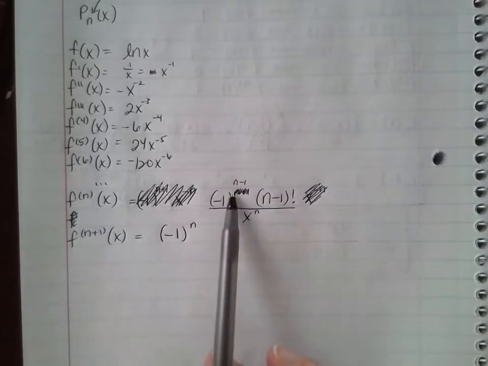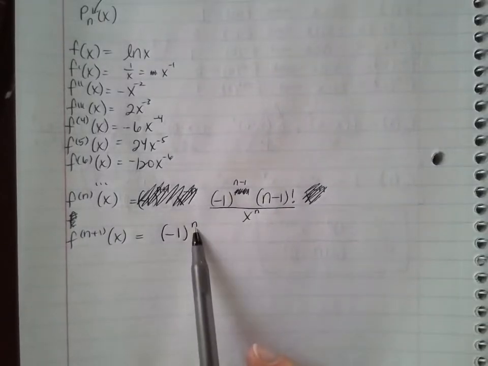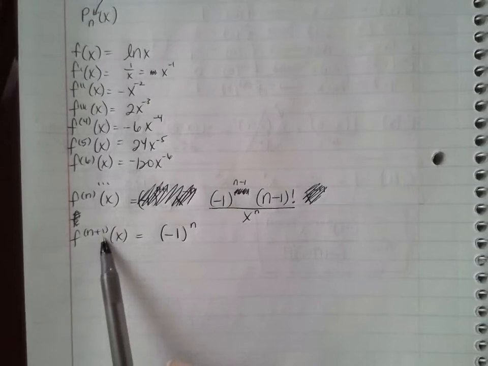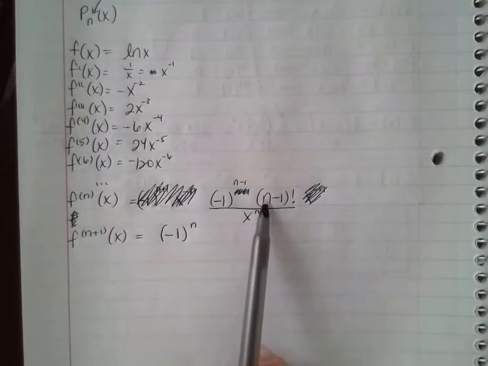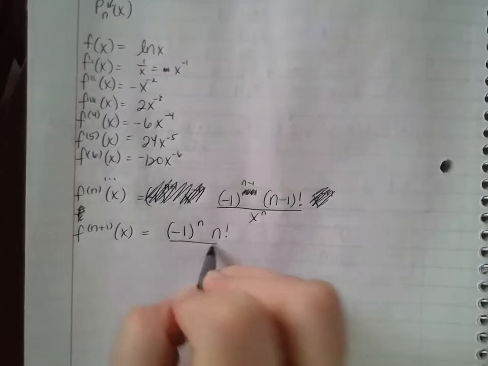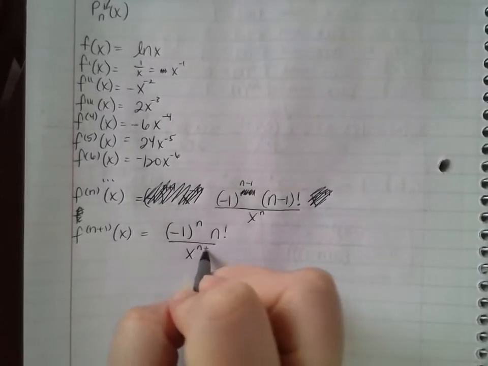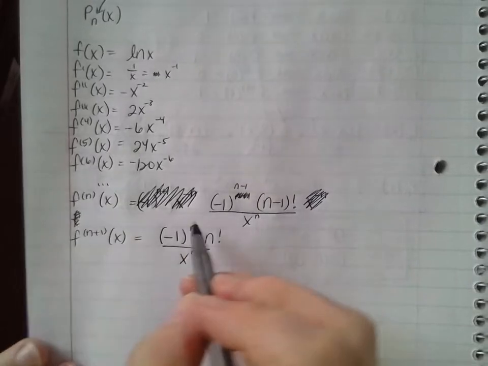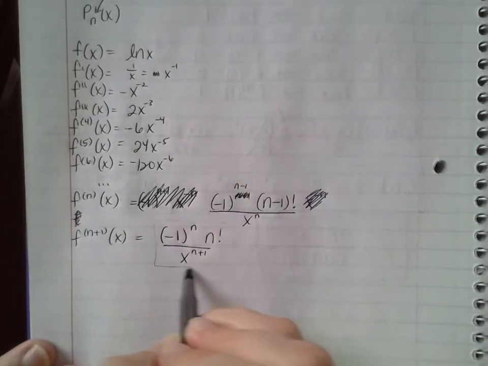In other words, if this is an odd, then I made this one an even exponent just by being 1 different than it. Well, if I increased and went from n to n plus 1, then this is going to increase to n factorial over x to the n plus 1. Okay? This is my formula that generates my nth term.